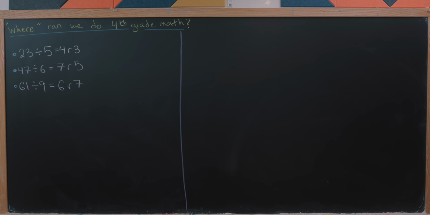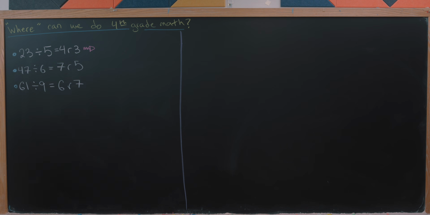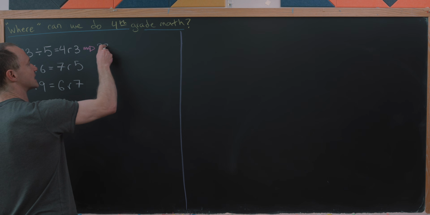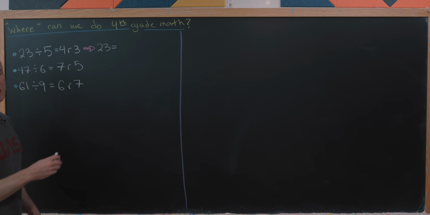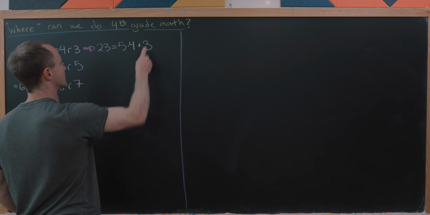Before moving on to generalizing this, I'd like to take these division with remainder questions and write them into multiplication with addition equations. So let's observe, like we said before, this equation 23 divided by 5 is 4 remainder 3 is equivalent to saying that 23 is equal to 5 times 4 plus 3.